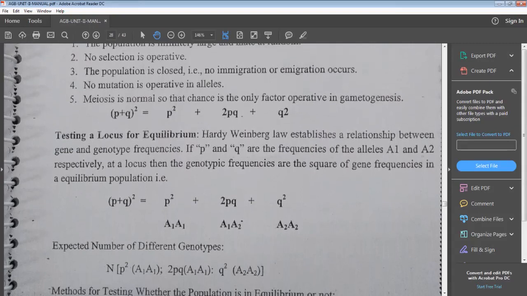Testing a locus for equilibrium. The Hardy-Weinberg law estimates the relationship between the gene and genotypic frequencies.